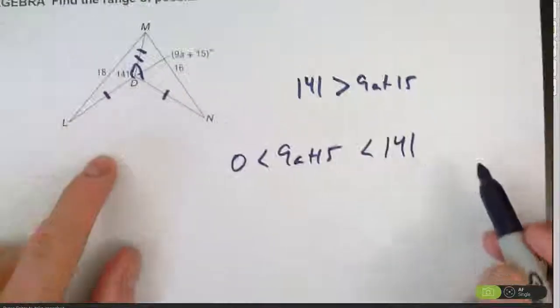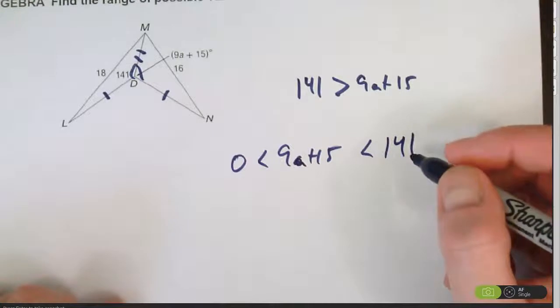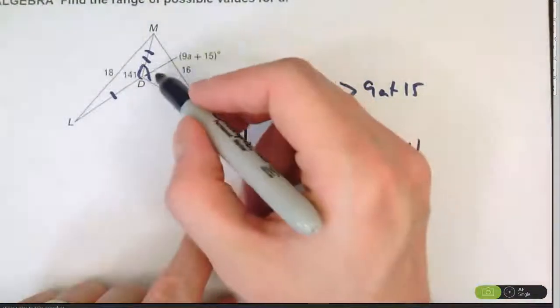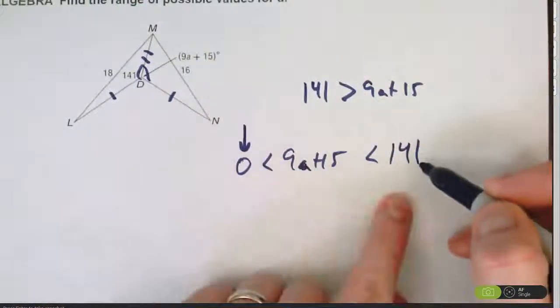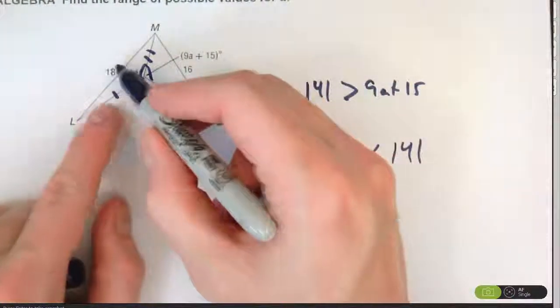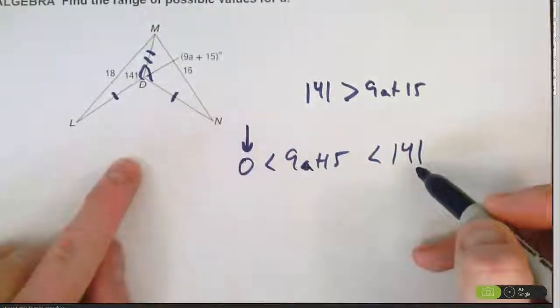So it has to be between there. We haven't solved compound inequalities for a while, but you did do it in Algebra 1. Why did I set it greater than 0? Because an angle can't be 0 degrees or less. Why did I set it less than 141? Well, this is 18, this is 16. That means this is larger than this, so this has to be a larger angle than the other one.